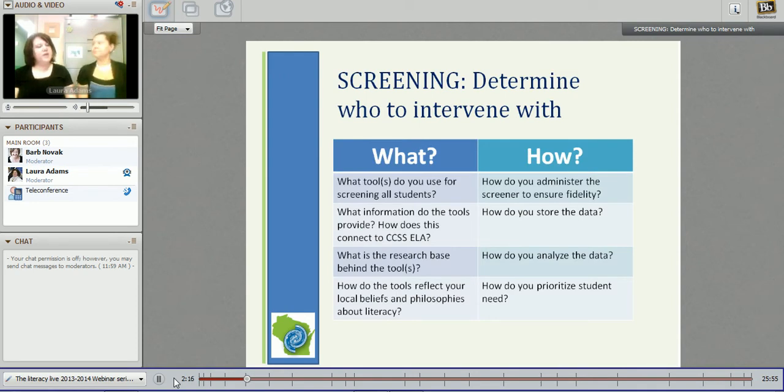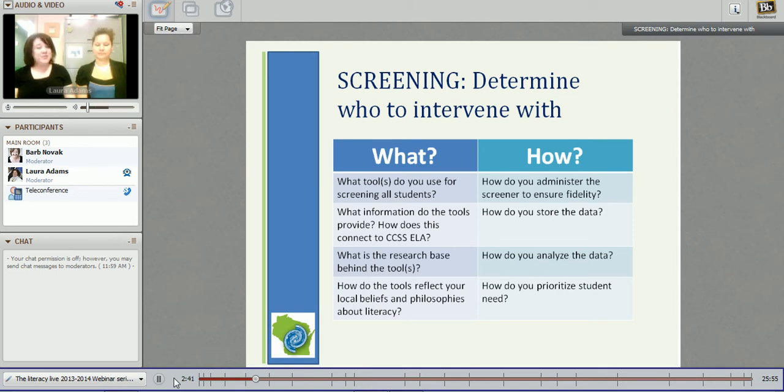So today's webinar is really focused on two different kinds of questions: what questions and how questions. When we're thinking about what, we're thinking about things like what tool or tools in the examples that you'll see do you use for screening all students in your district? What information do these tools provide you with? And how does that information connect to the Common Core State Standards for English Language Arts?